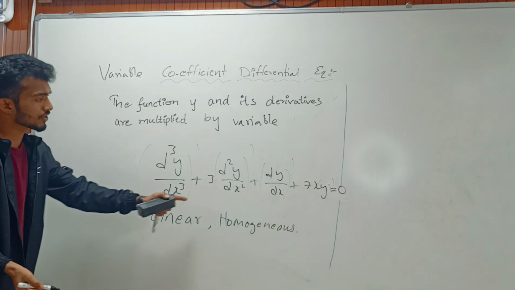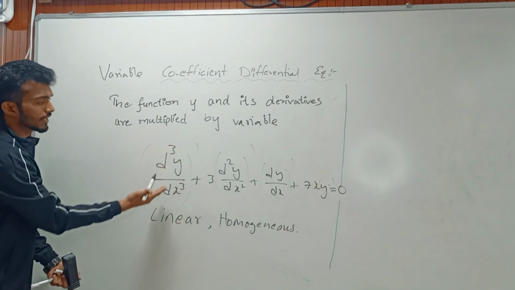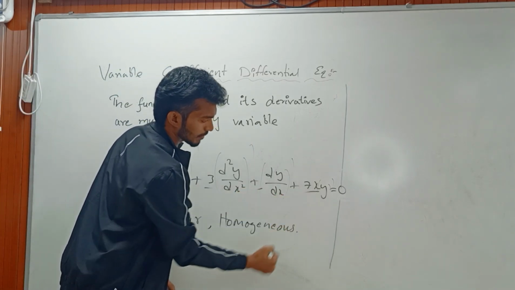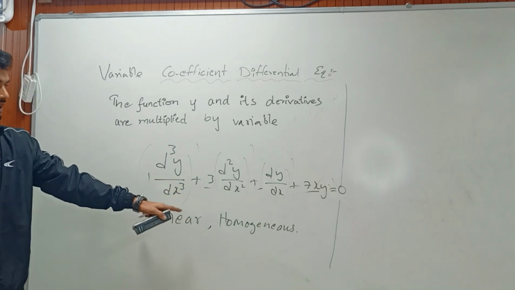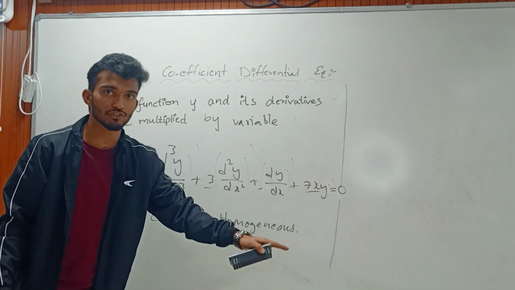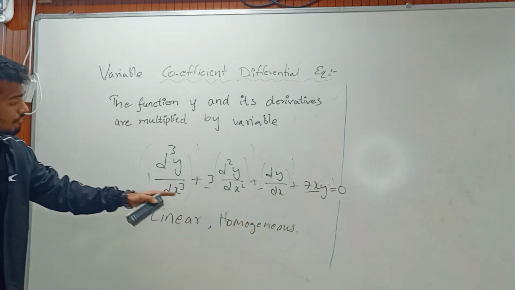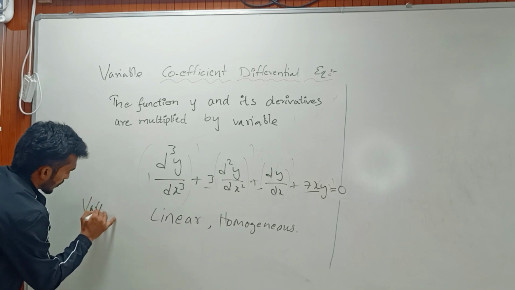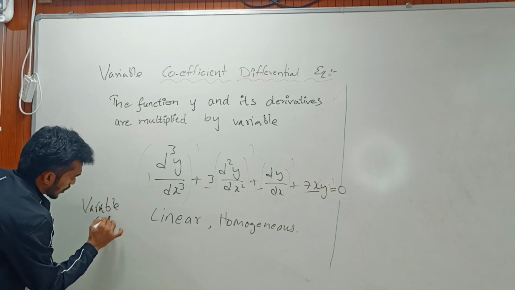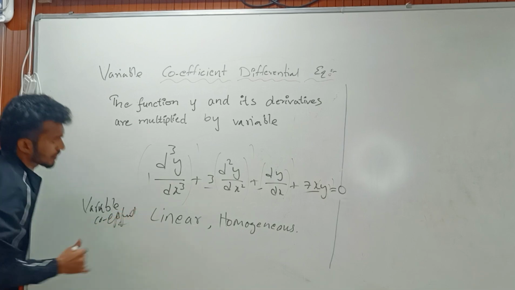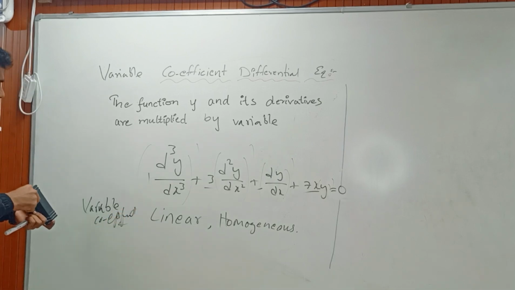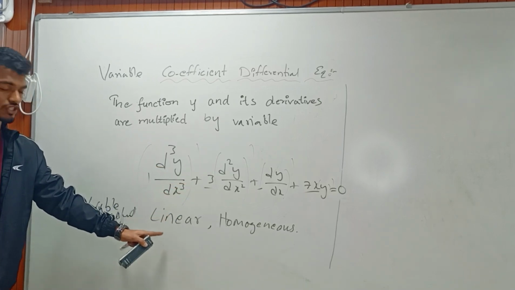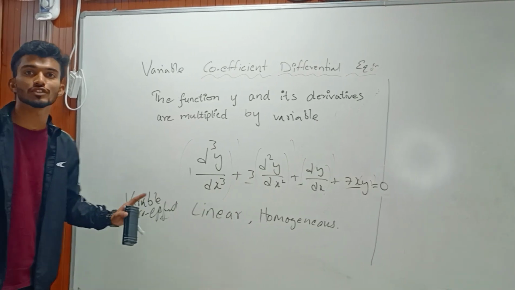And all the coefficients, see here, the coefficient of d cube y by dx cube is 1, a constant, but another is a variable. If there exists any one coefficient as a variable, then it is known as the variable coefficient differential equation. So totally this is said to be a homogeneous linear differential equation with variable coefficient.